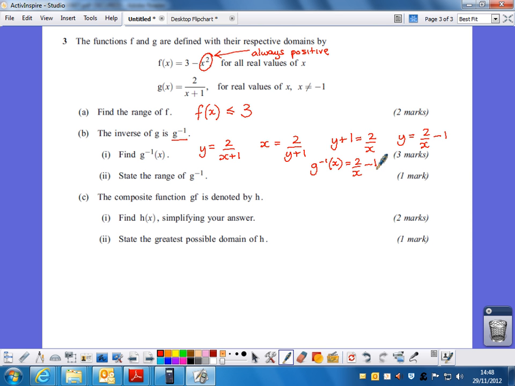In B2, you're asked to find the range of g to the minus 1. The key point here is that you should realise that domains and ranges swap.